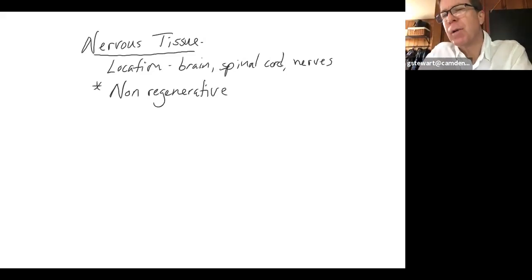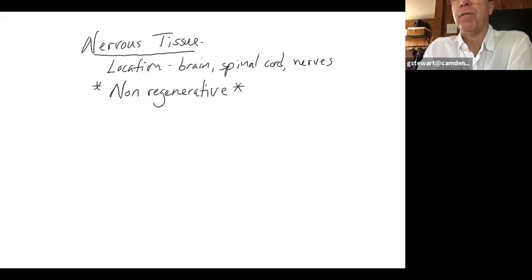But there is a little bit of evidence that sometimes we can regenerate damaged nerve tissue. It depends on the degree of damage that is done as well as the location in the body. But in general, we say nervous tissue is non-regenerative. Muscular tissue, by the way, is partly regenerative, but epithelial is the most regenerative of all of the tissues that we've gone over so far.